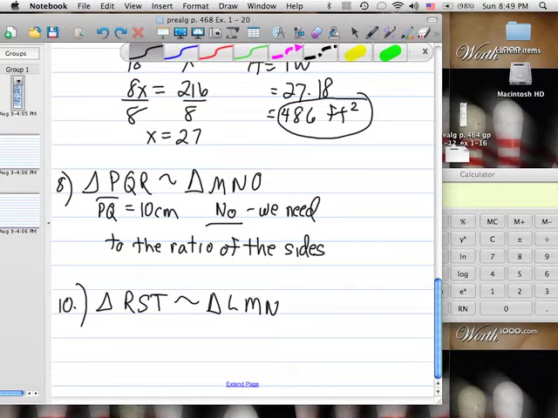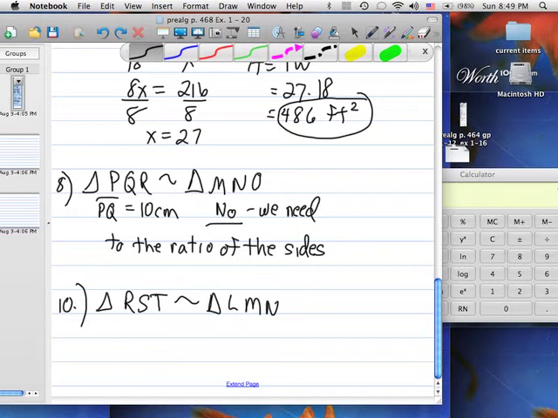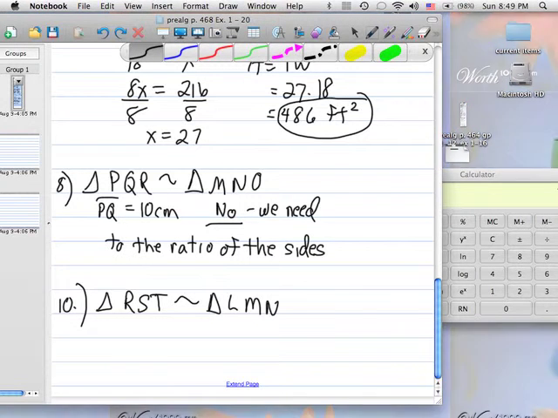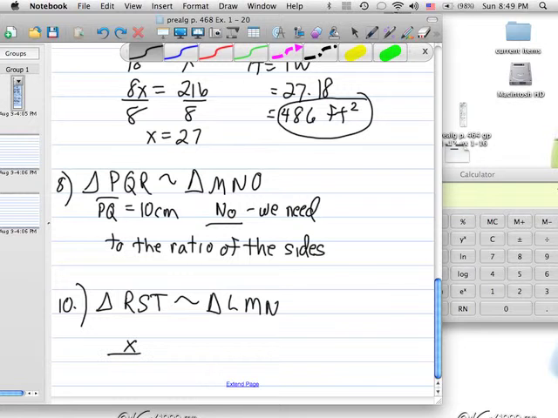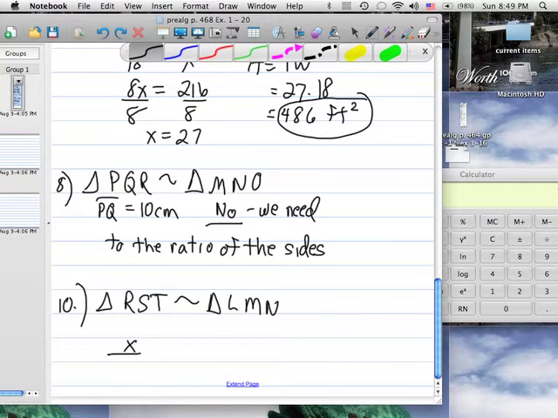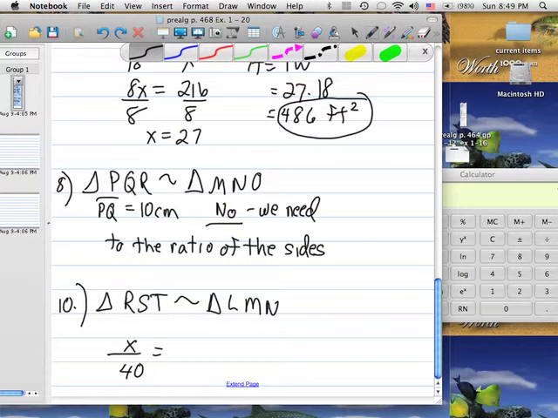Well, looking at the triangles, NM, we call that X, is in the same place as ST, which has a length of 40.